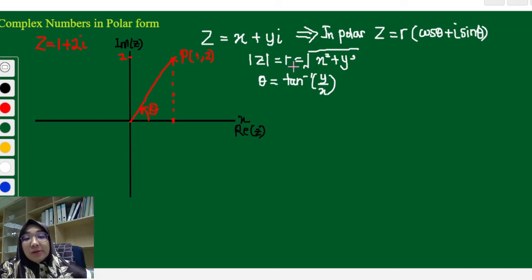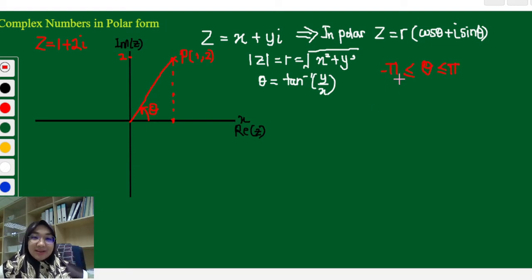So untuk cari modulus, the length of the line, tak ada masalah tapi untuk cari theta, so you kena take note that theta tu mestilah, okay, I highlight here, theta tu mestilah follow the principal argument, iaitu between negative pi to pi.